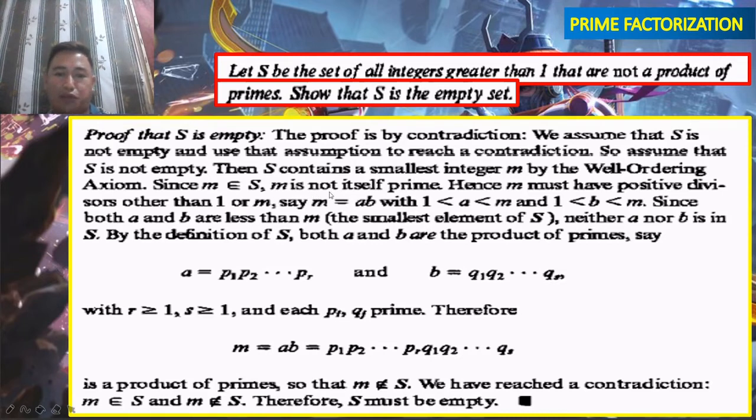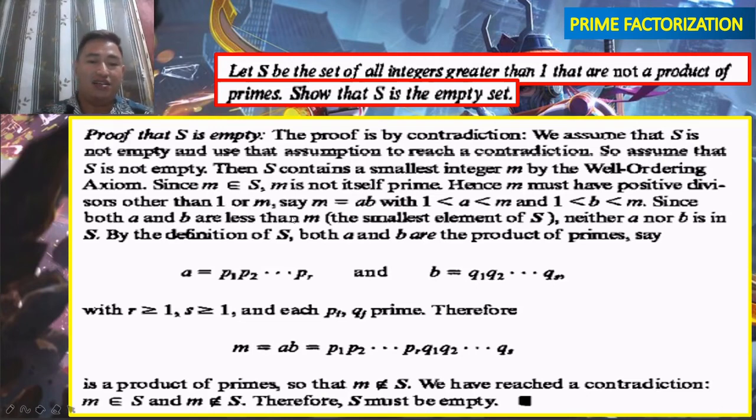M is not itself prime. Hence, M must have positive divisors other than 1 or M. Kaya diba kung prime ka, ang imong divisor lang kay 1 o M, or P. Kung P prime, diba? Okay, so 1 or M.